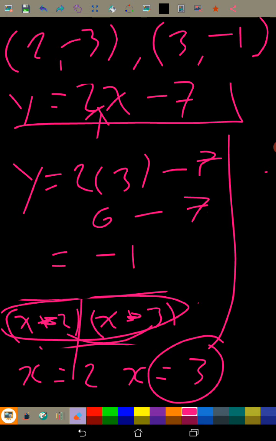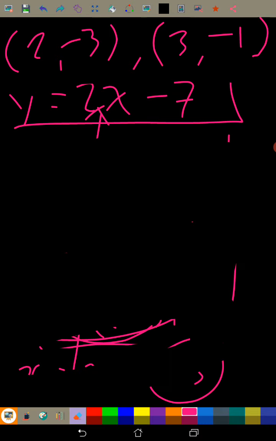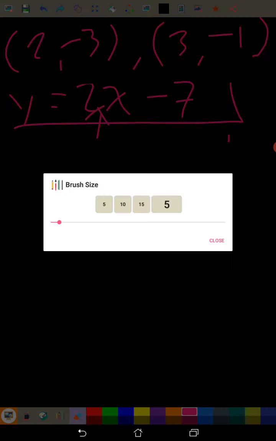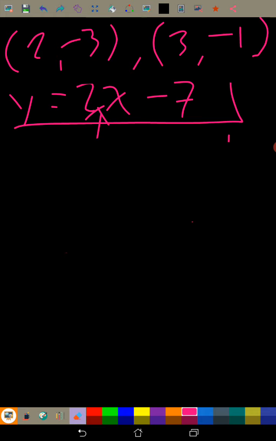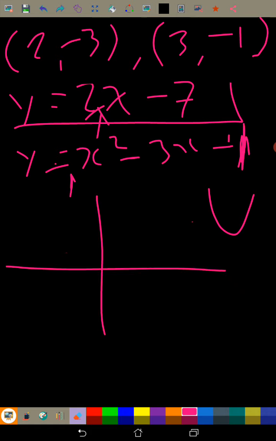So let's do something. We got all these things, nice things. Let's have a look at the equation once again. Was y is equal to x squared minus 3x minus 1. So here the coefficient is positive, so it's going to be in a U shape like this, and this is minus 1, yeah. So let's put this here. We don't know if this crosses the line or something. We don't know such things.